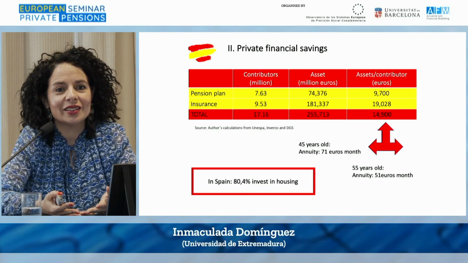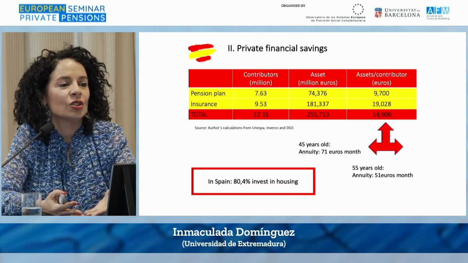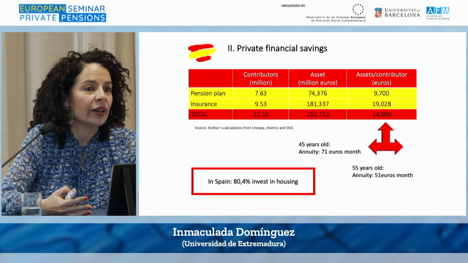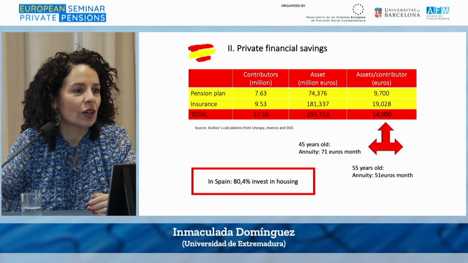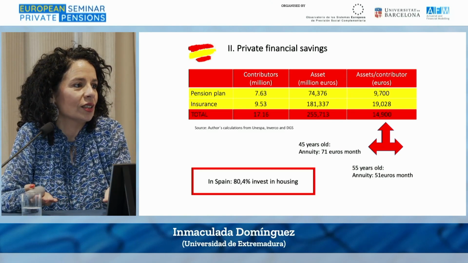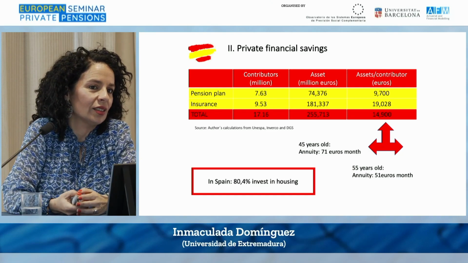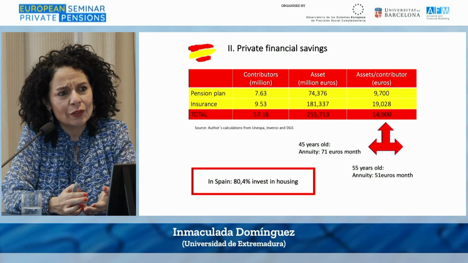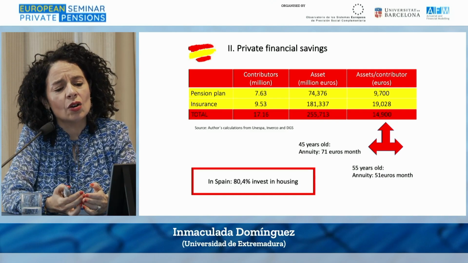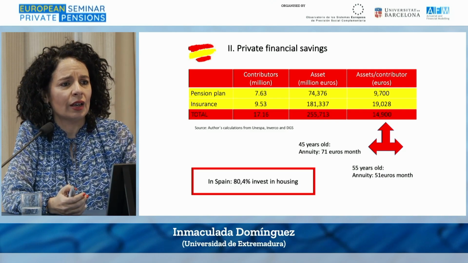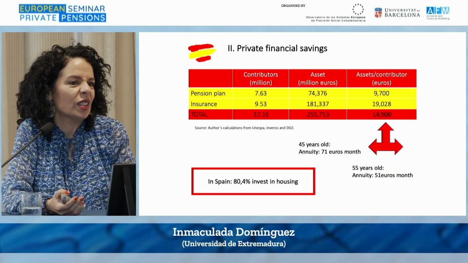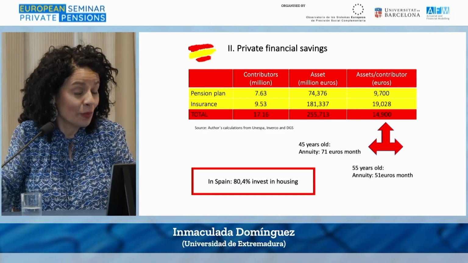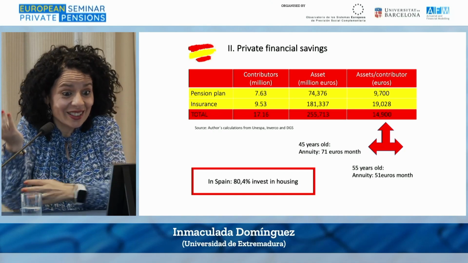It's normal that people decide to receive it as capital and buy a car or make repairs at home, because that is what the money is. It's really ridiculous. The feeling that people have is, okay, I pay for the pension plan, and at the end, when I receive, it's nothing. It's logical. If you don't pay, it's normal.